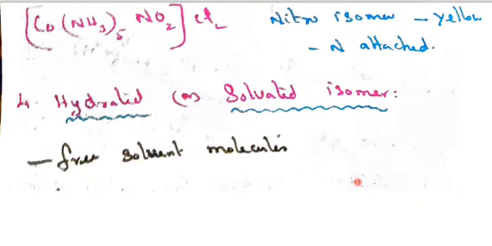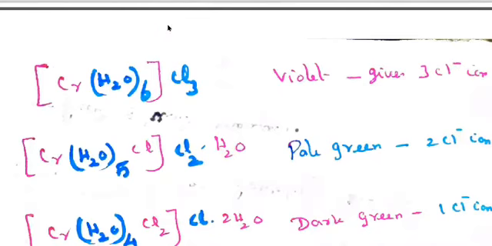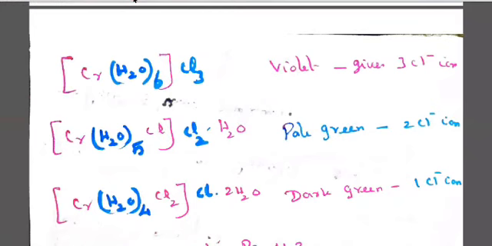Hydrated or solvated isomers have free solvent molecules. Let us see this. Here the valency of chromium is 3 plus oxidation state, so totally 6 ligands are supposed to be here. Here 6 H2O and outside 3 Cl.